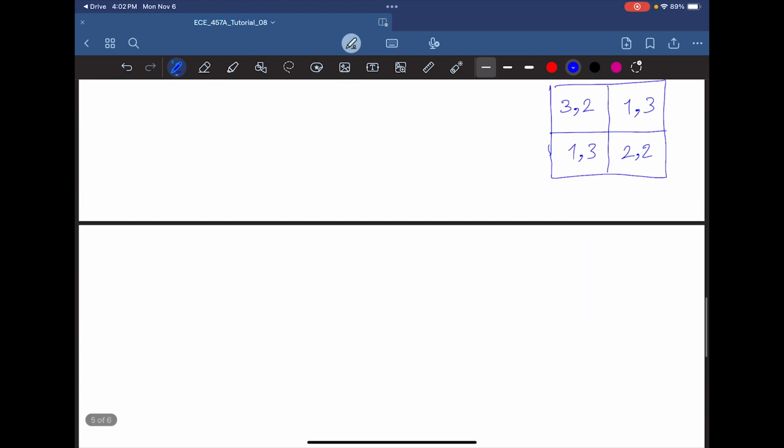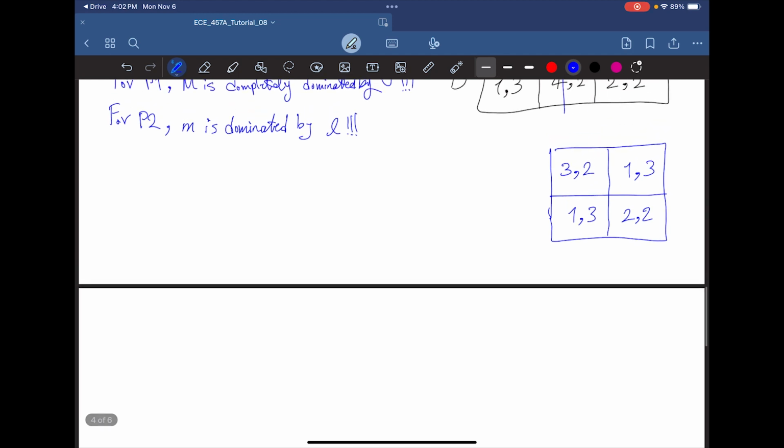So for the total probabilities of player 1, first of all, we have theta over here, alpha, 1 minus alpha, and 1 minus theta.